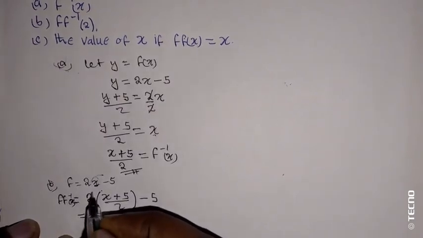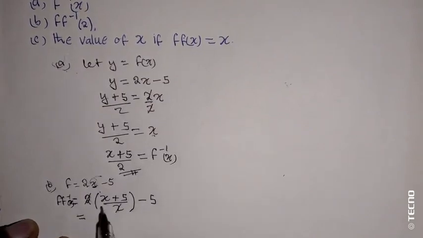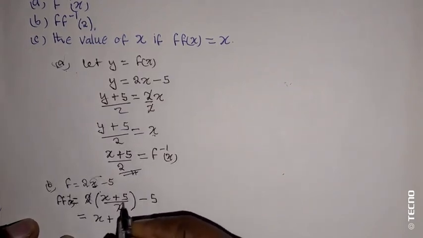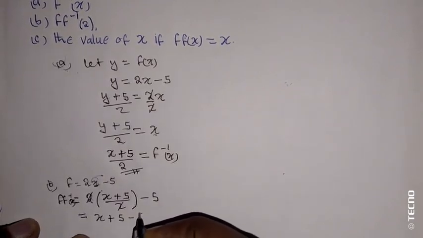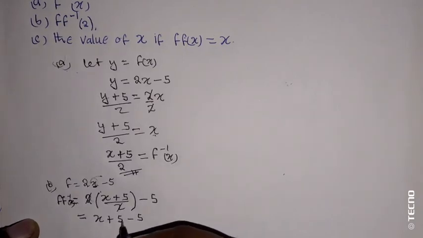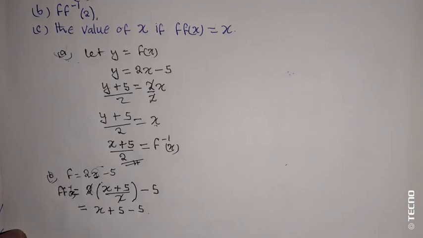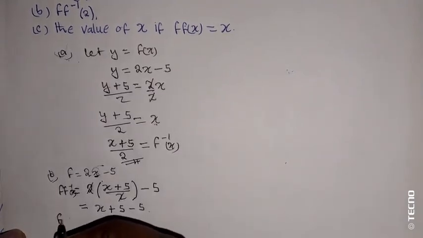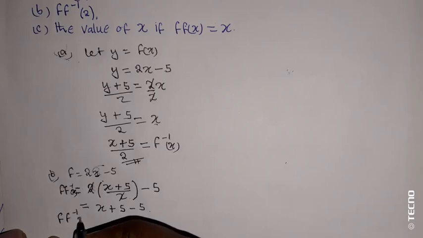Having this, I can work out this. This and this will reduce to 1. So here we'll remain with x plus 5 minus 5. Here again we're going to have a 0, because this is positive, this is negative. Then remember, what you are calculating is f inverse of 2.